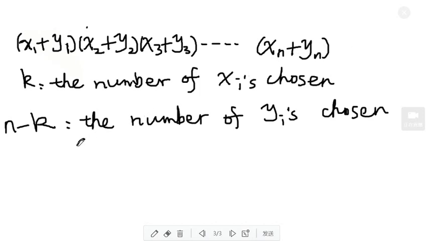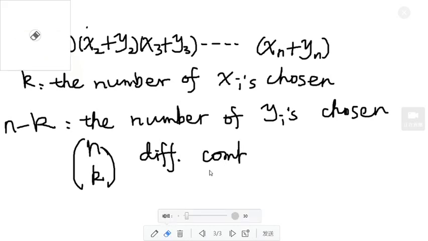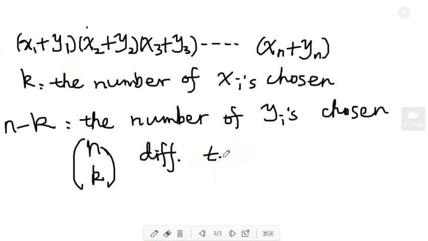I can choose k different combinations, or different terms, when you specify the k. So you can get all those terms, this number of k.